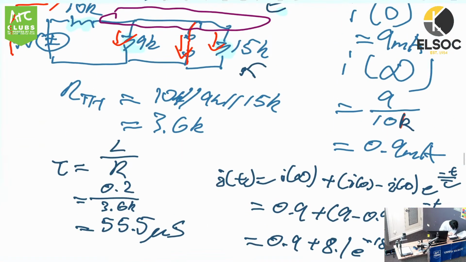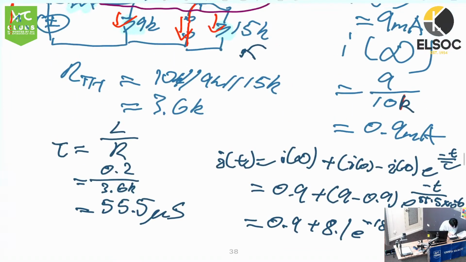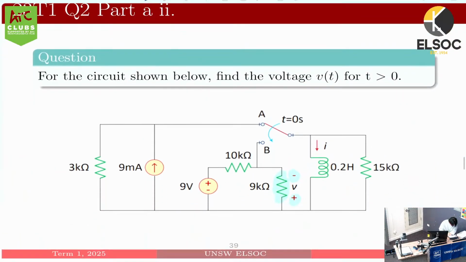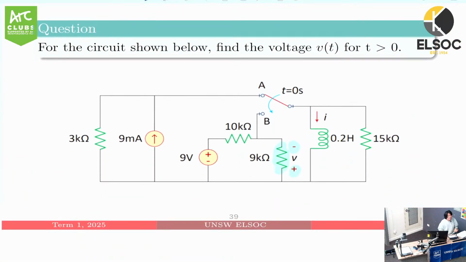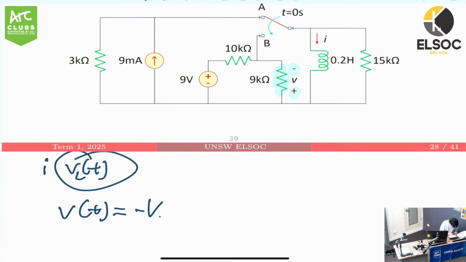And in fact, the voltage across this 9,000 resistor is going to be the same voltage that is over the inductor, because they are parallel. So the only trick we need to worry about is, for one, we need to find the actual voltage over the inductor, and then V(t) is simply going to be the negative of this V inductance here. Okay?